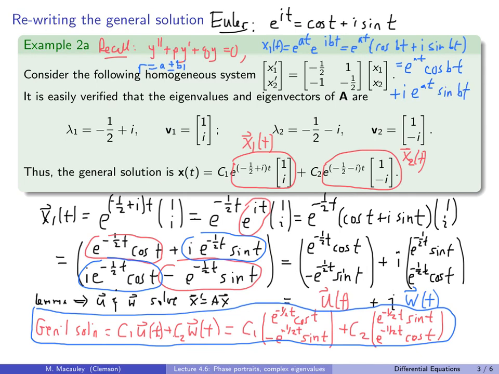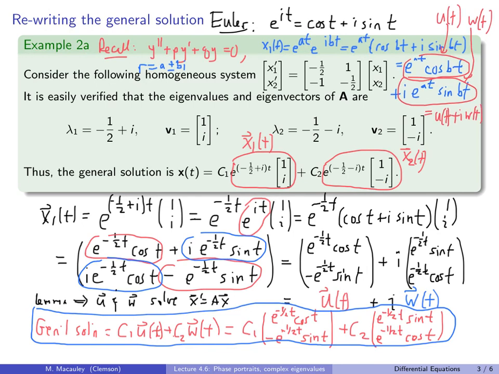We could have called the first part u of t and the second part w of t, and written this as u of t plus i times w of t.